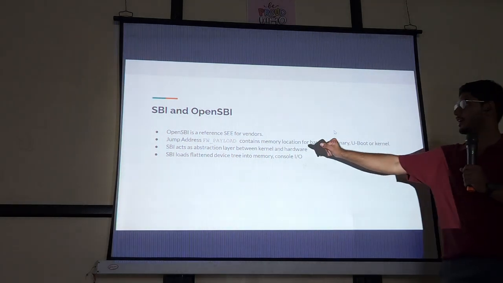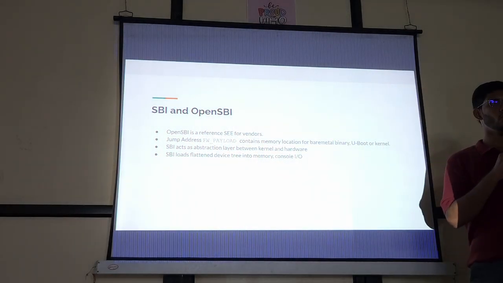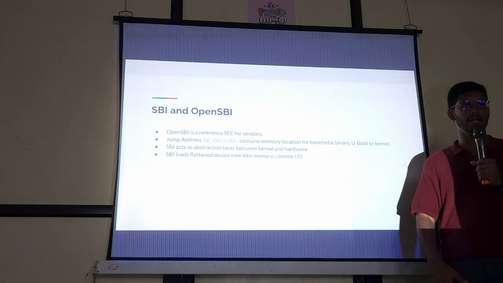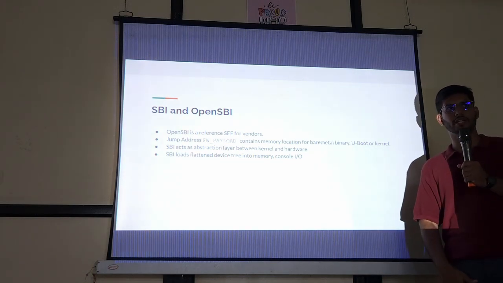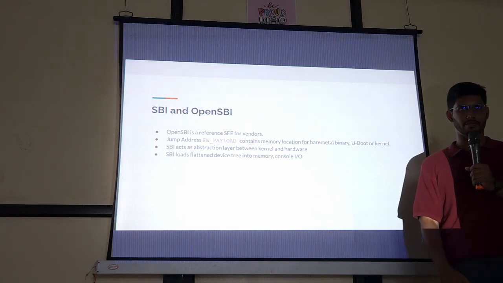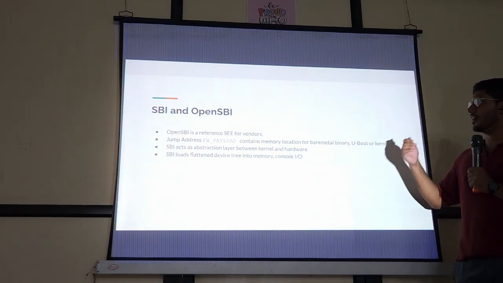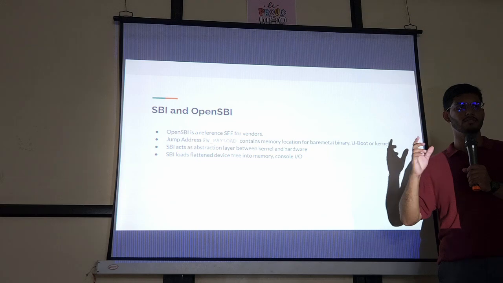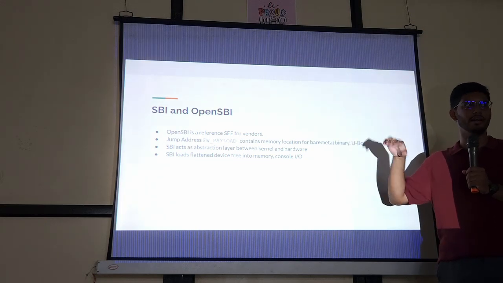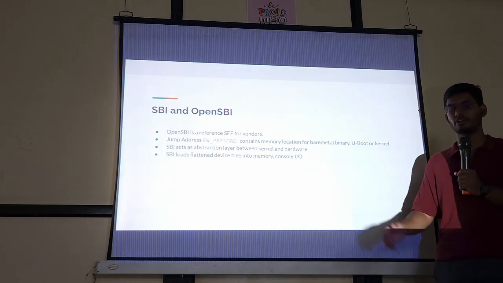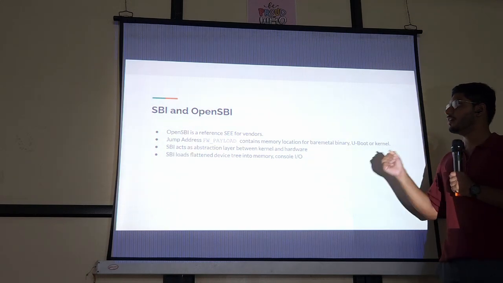Then we have SBI and OpenSBI. OpenSBI is a reference SBI for vendors to actually use and create their own supervisor binary interface. I have an OpenSBI output in the next slide, and I will give you a brief explanation of it there.